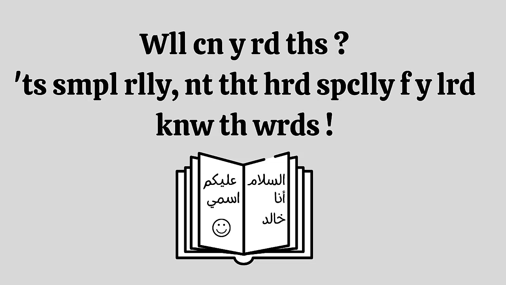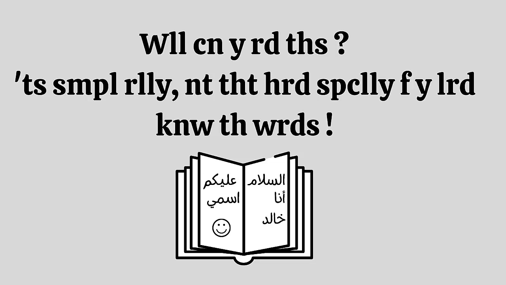So have a look at what's written down here in this tiny little book. It's in Arabic, but isn't it familiar to you? The first word, for example, Assalamu alaikum. You don't really need to know the vowels to understand that it means Assalamu alaikum, which is like hello or peace upon you in Arabic.